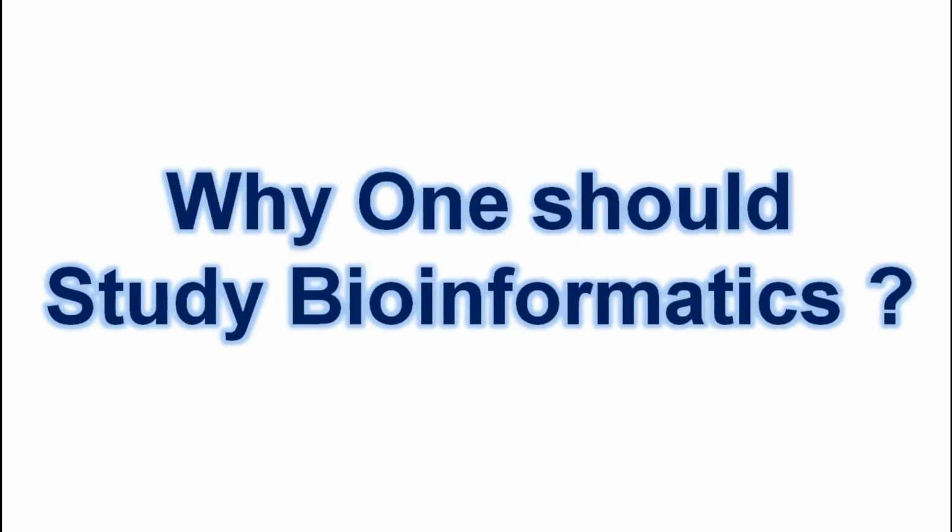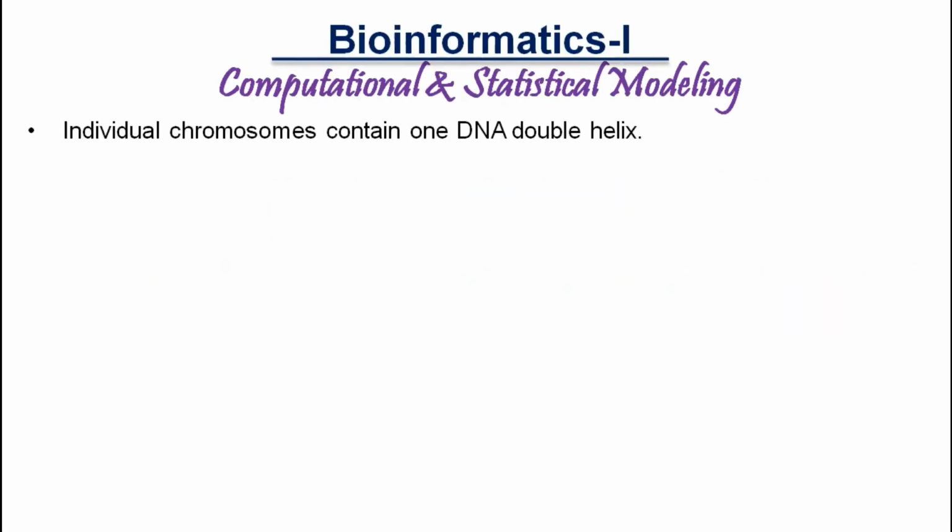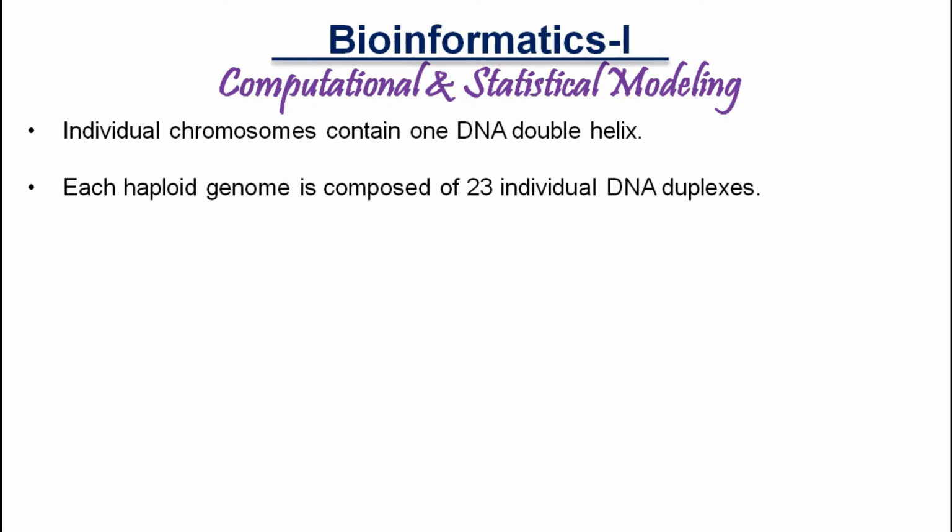So here comes a question in our mind: why should one study bioinformatics, or why is bioinformatics so important? Let us draw a computational or statistical model to understand this. We all know that each individual chromosome consists of a DNA double helix and each human genome is composed of 23 DNA duplexes.